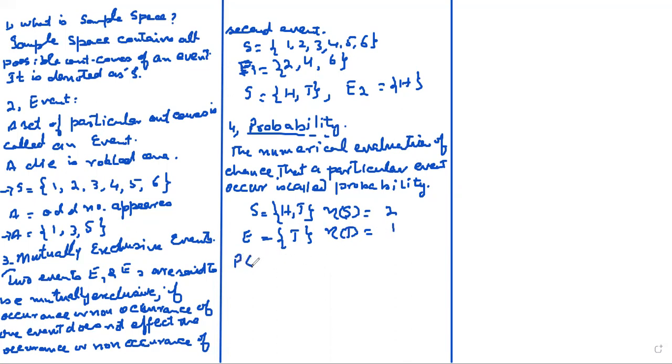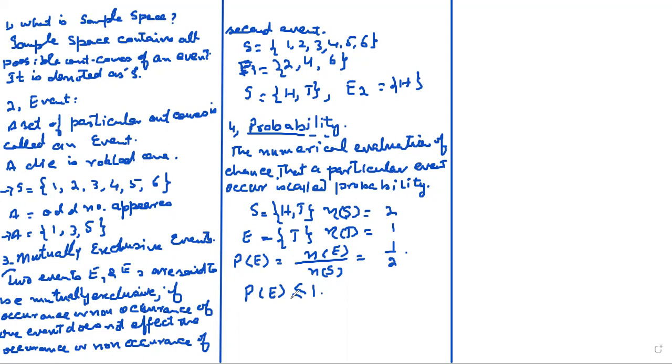So probability of E, the event that a tail appears, equals N(E) divided by N(S), equals 1/2. This is the answer. Keep one thing in your mind, that the probability of any event is less than or equal to 1. It will never come more than 1.